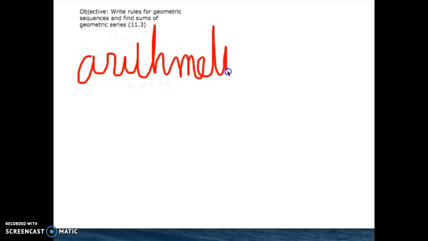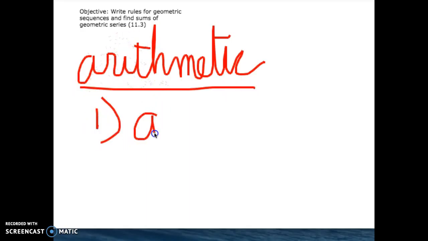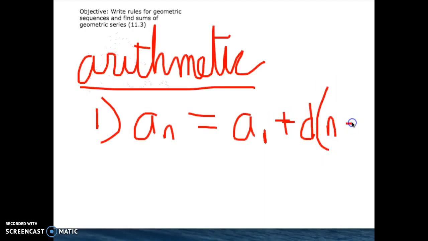Now, before we do this, let's review arithmetic sequences and series. We had two formulas for those. One was to find the nth term, and the way we did that was we took the first term and then we added d n minus 1 times.